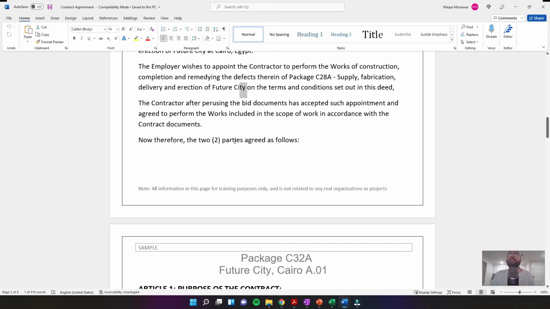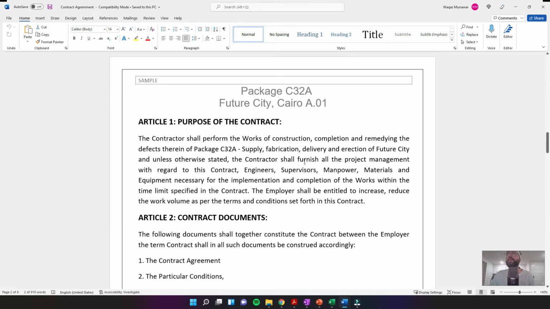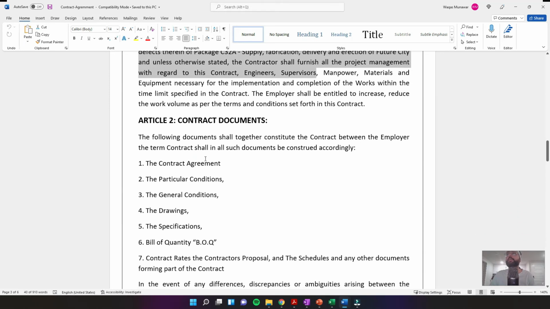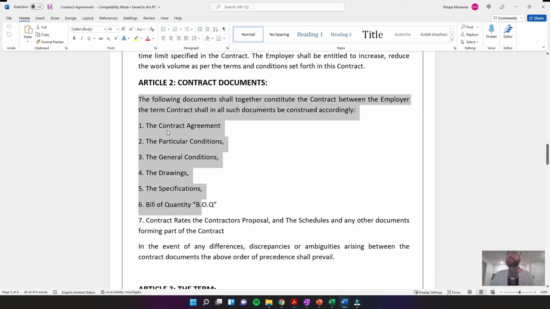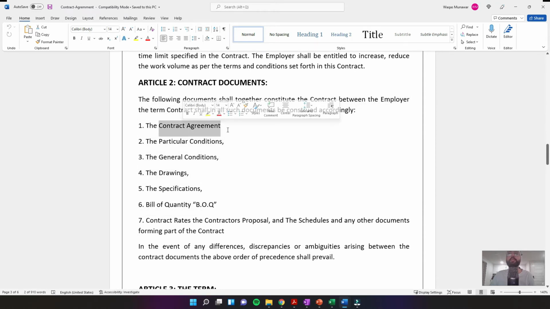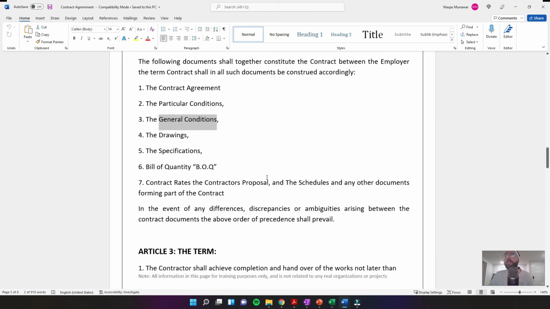And then two parties are involved here. What's the purpose of the contract? What are the contract documents? As we mentioned, there's the contract agreement that we are currently looking at. We have the particular conditions, the general conditions, the drawings, specifications, bill of quantity, and we also have, I didn't mention this, contract rates and the schedules and any other documents forming part of the contract.